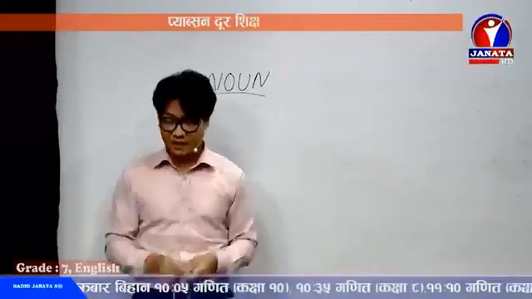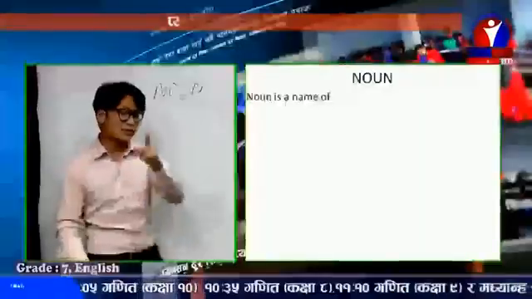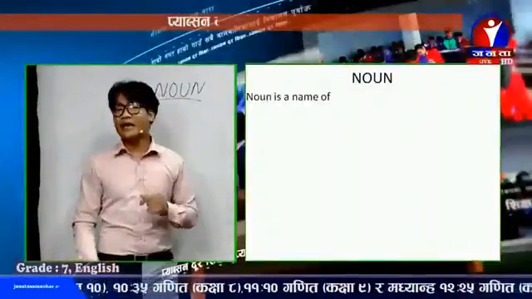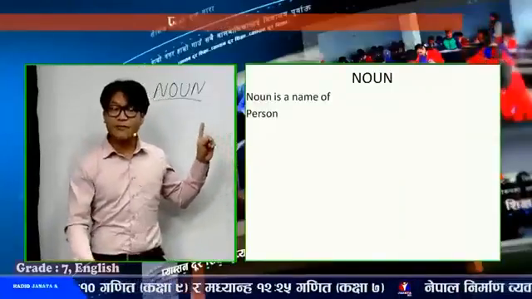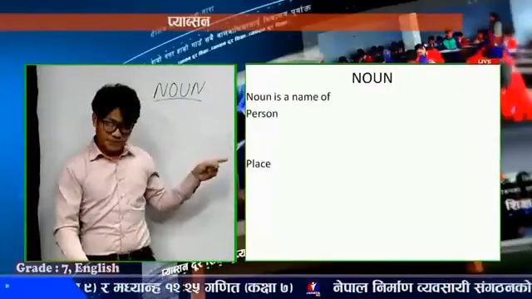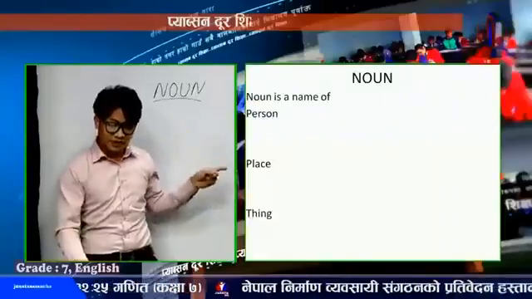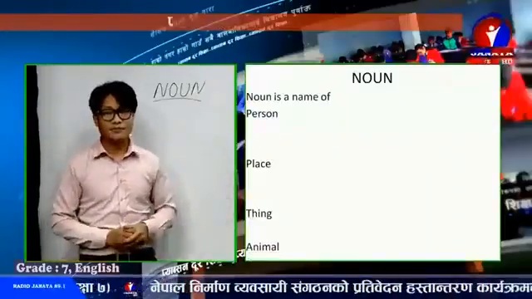So let's begin. The first point: a noun is the name of a person, place, thing, and animal. This is a simple definition. Noun is the name of person, place, thing, and animal.